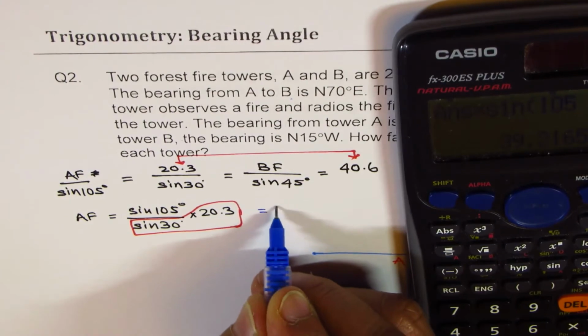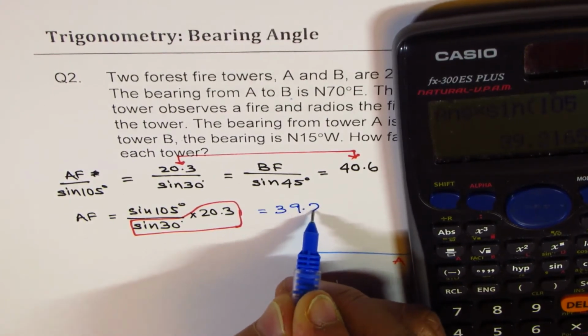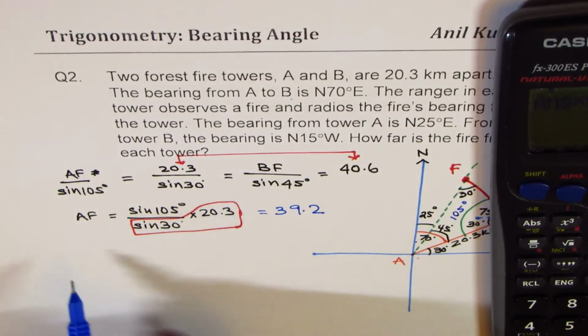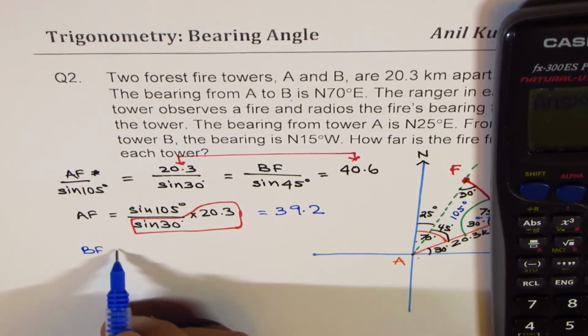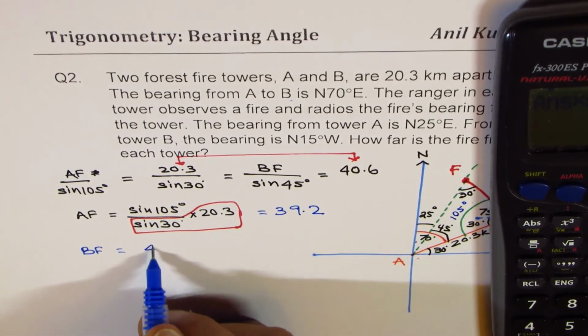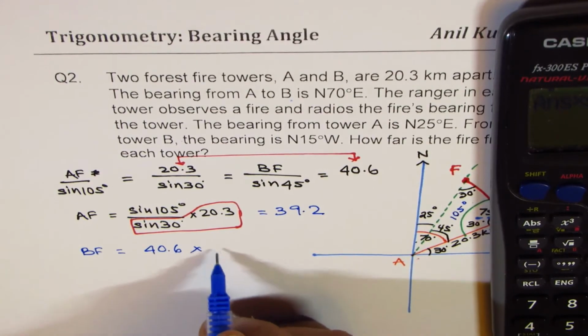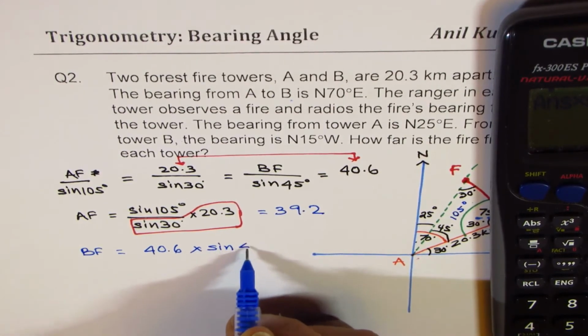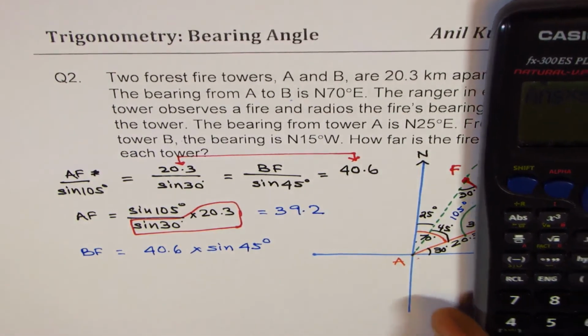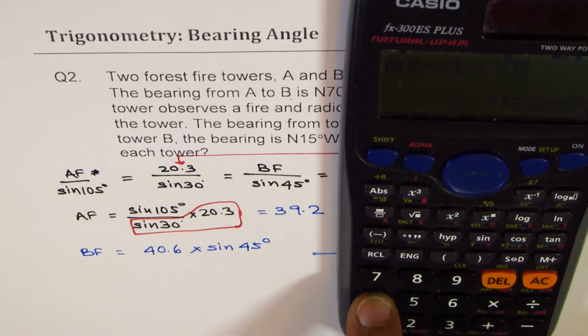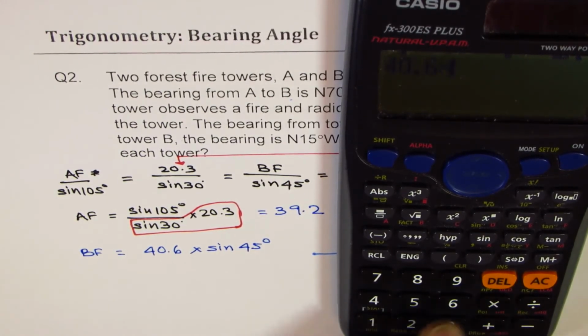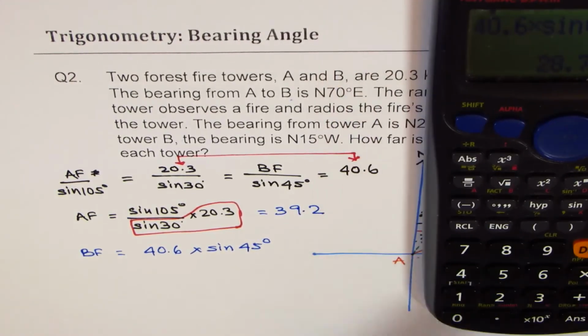So we get 39.2. To find BF, we can write BF as 40.6 times sine of 45 degrees, which is equal to 28.7.